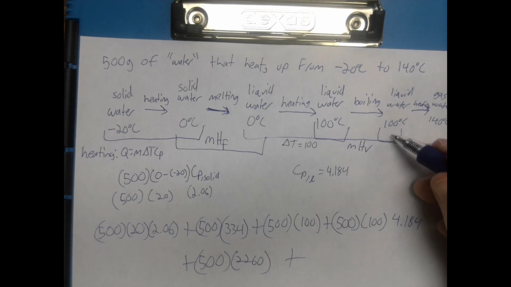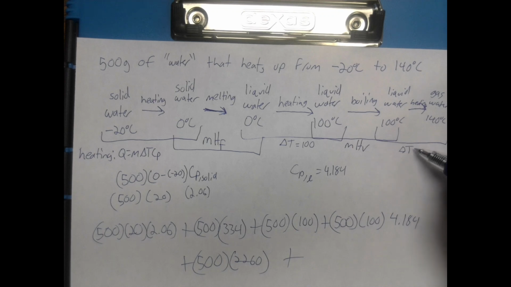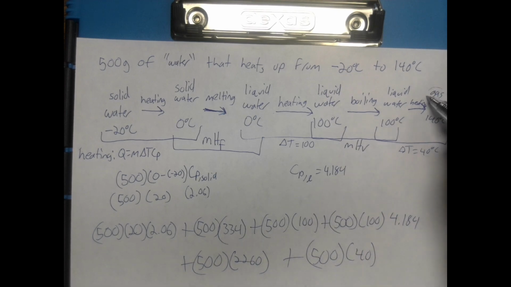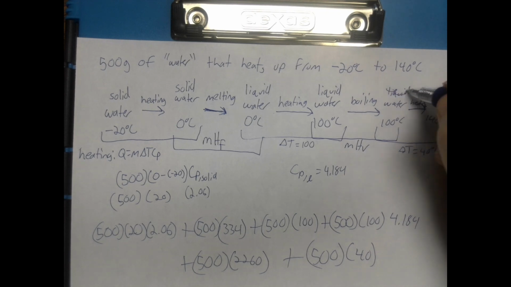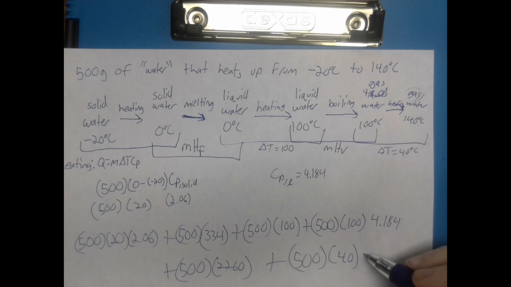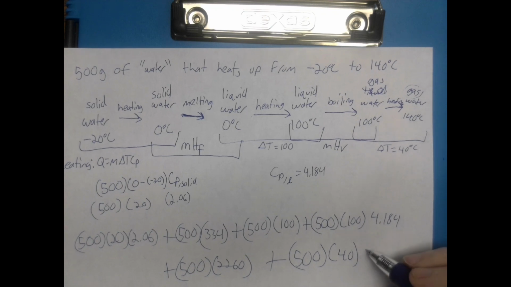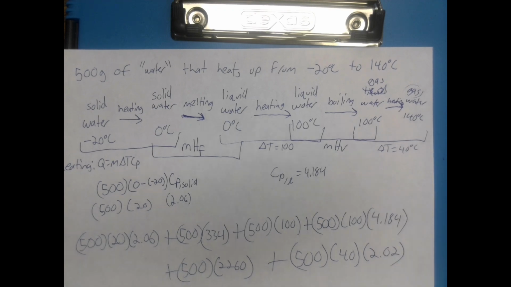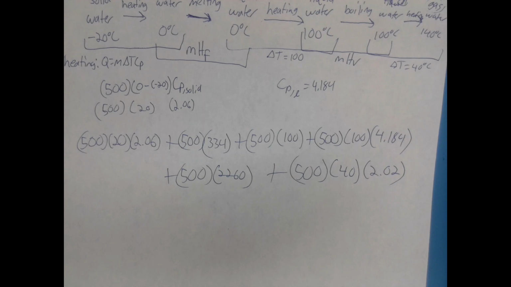We're going from 100 to 140, so that's a change in temperature of 40 degrees. So mass times change in temperature, and we use the Cp for when it's a gas. This should be gas, so 2.02. Now we just type this all in the calculator, and that's your answer.